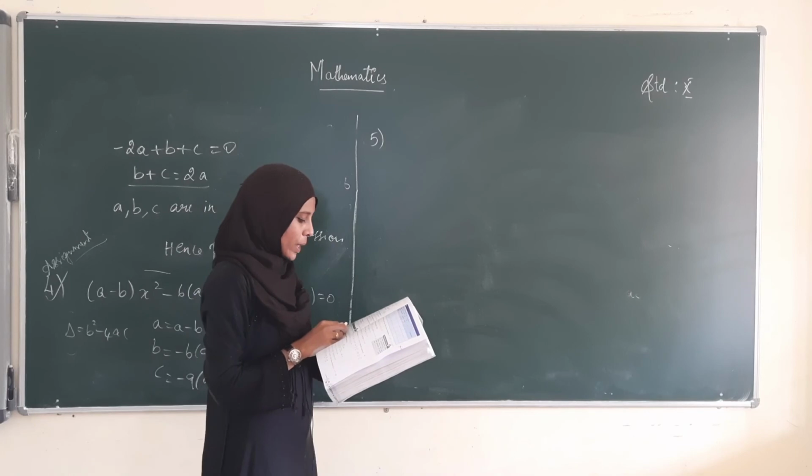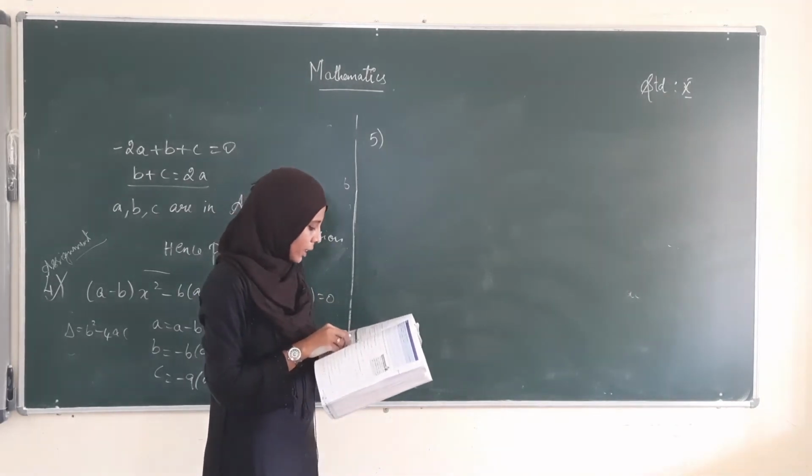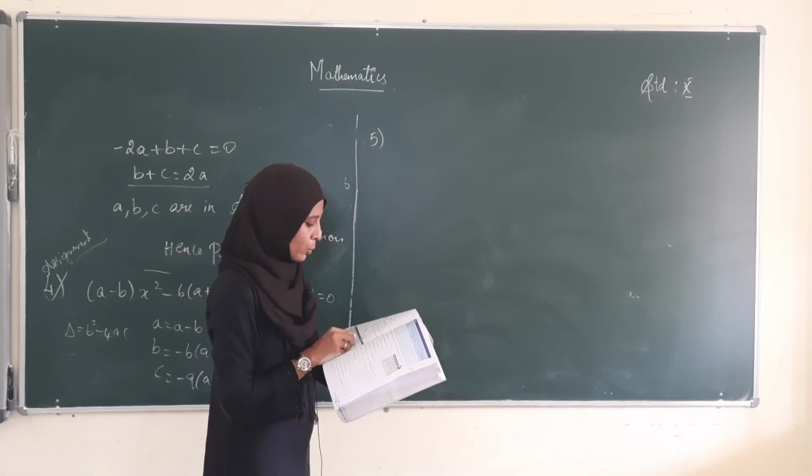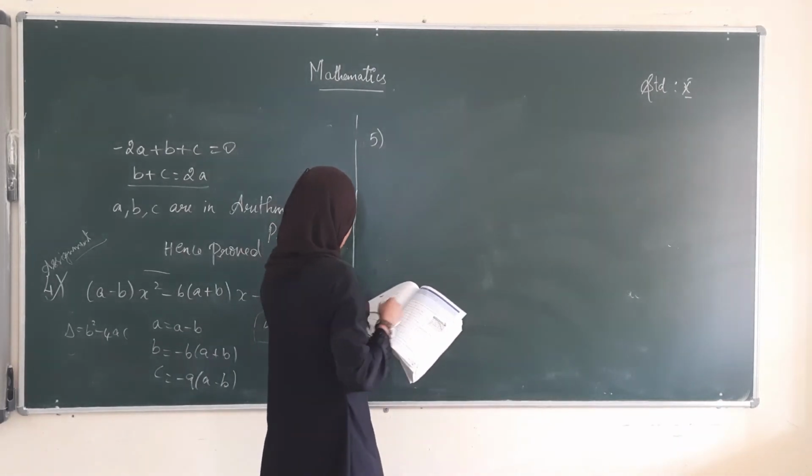If the roots of the equation are real and equal, prove that either a is equal to 0 or a cube plus b cube plus c cube is equal to 3abc.